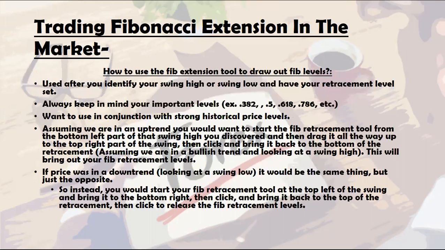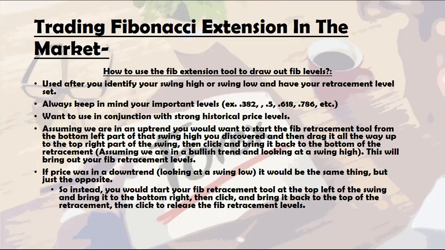So, trading Fibonacci extension in the market, how to use the fib extension tool to draw fib levels, okay? These steps starting off are pretty much similar to how you would use the fib retracement. It's used after you identify your swing high or swing low and have your retracement level set.